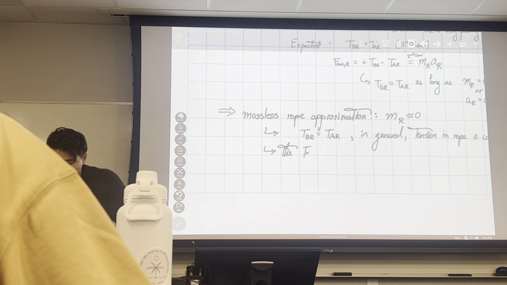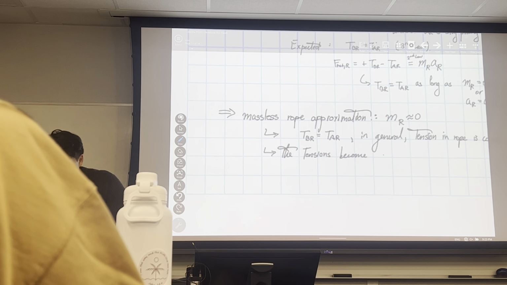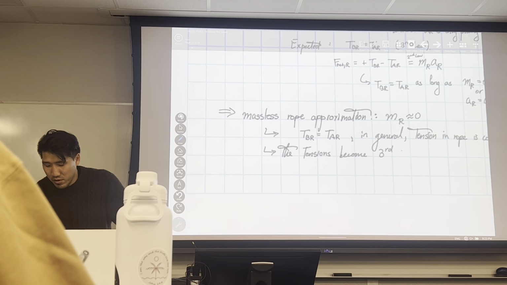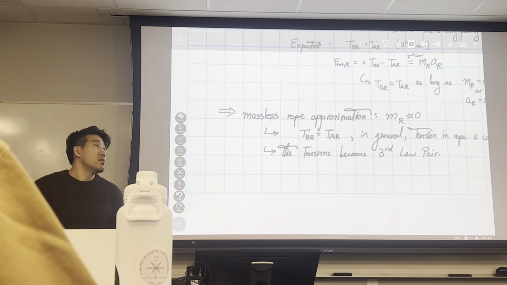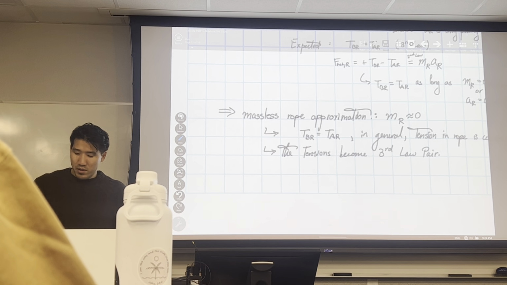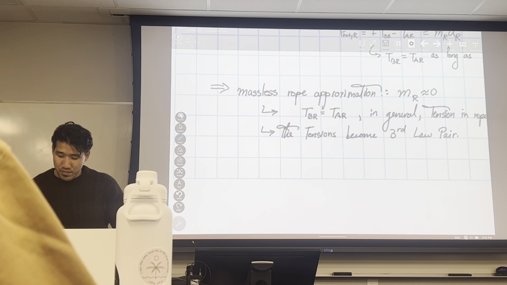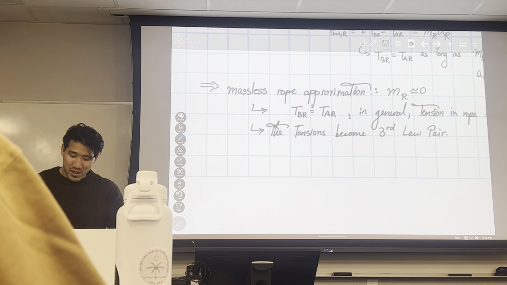The tensions also become Newton's third law pair. So they end up being equal and opposite in direction.